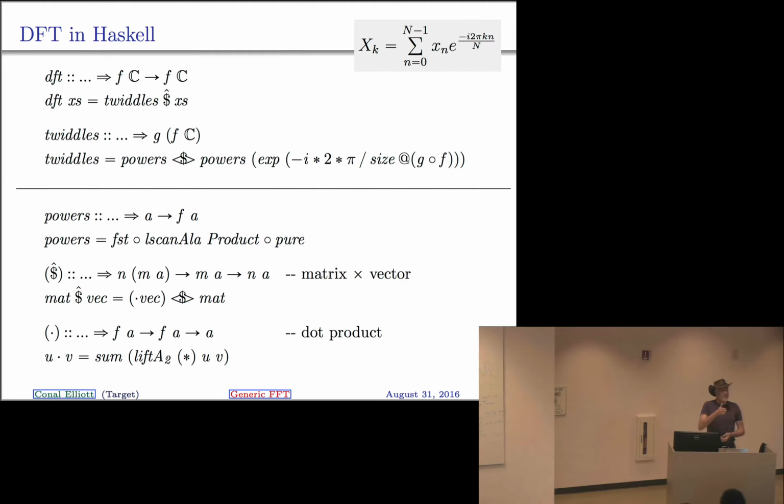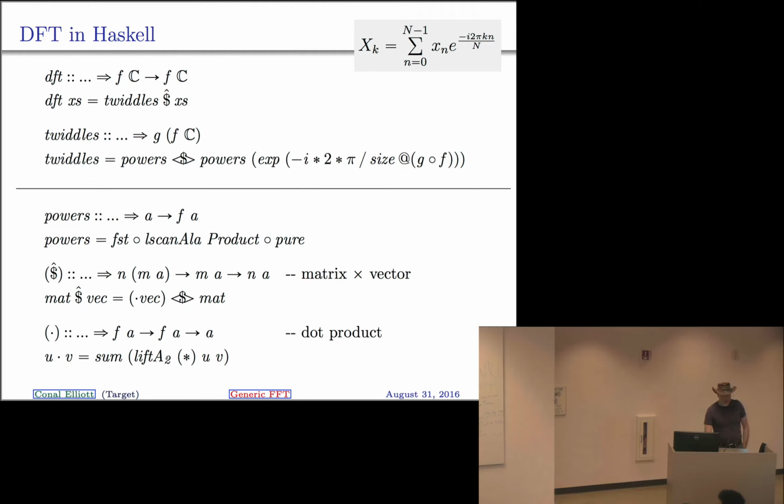So powers is a scan, which is just like a fold, except we keep all of the intermediate values. And a scan is a really wonderful example of an operation that seems, on first glance, inherently sequential, but actually has a very lovely, very efficient parallel implementation that works in log time if you have enough processing power from the parallelism.